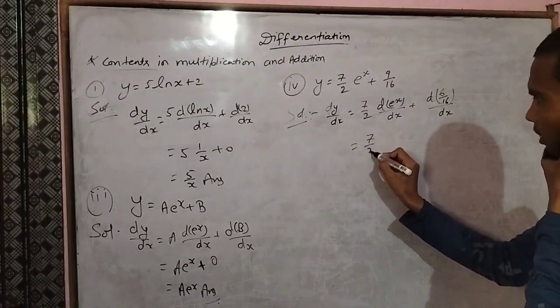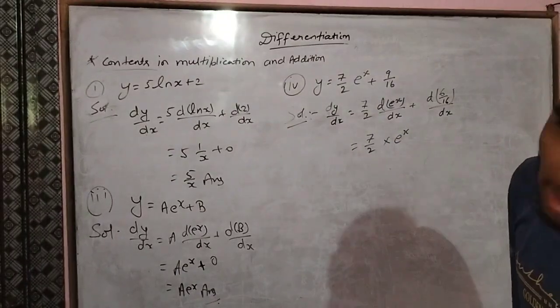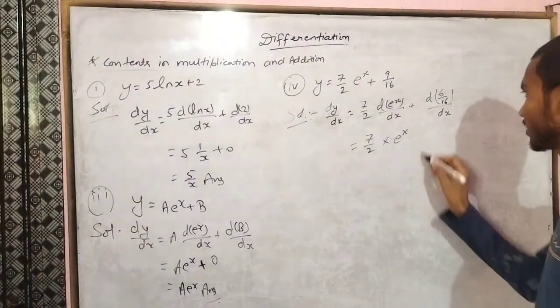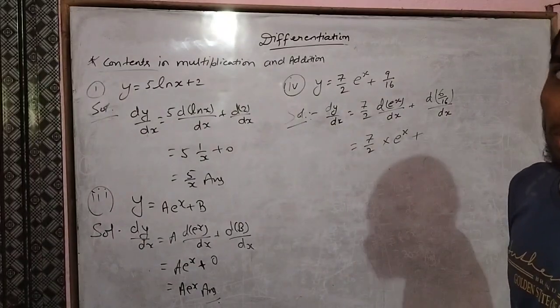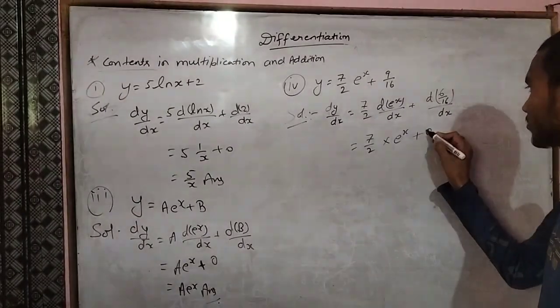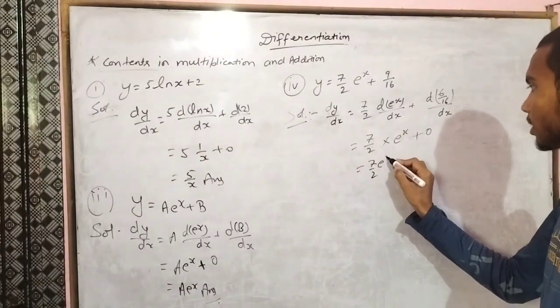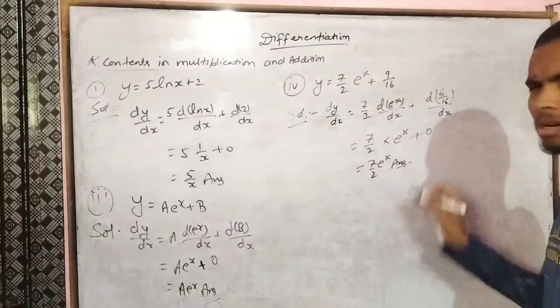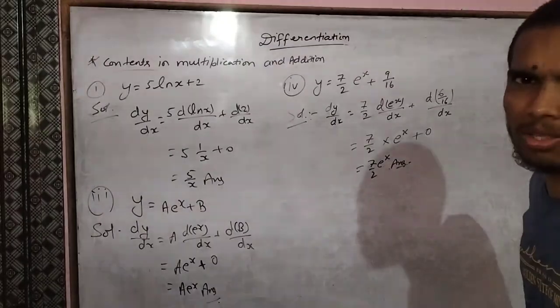So 7 by 2 as it and differentiation of e x would be as it. Now differentiation of a constant is 0. 7 by 2. Is it not very simple?